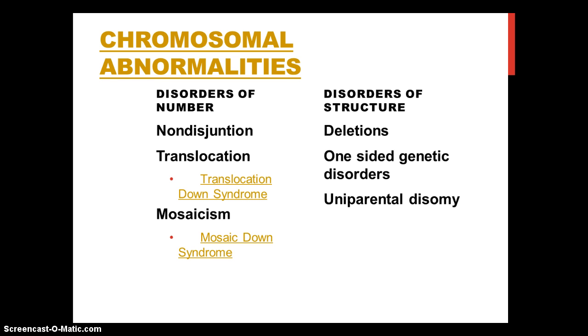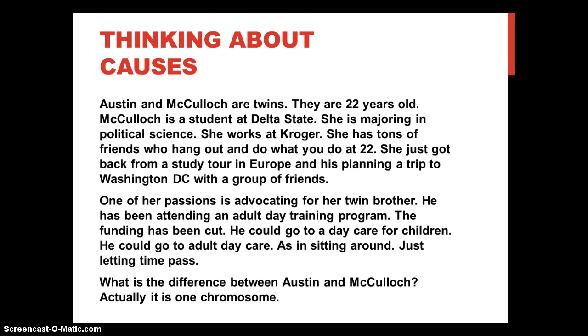And then mosaic Down is where after the first split, when they duplicate again and split, that's when the translocation or non-disjunction occurs, and so you end up with 46 chromosomes in some of the cells of your body and 47 in others. And then we have deletions where we lose some genetic material, and then we have what are called one-sided disorders and uniparental, which I'm not going to talk about.